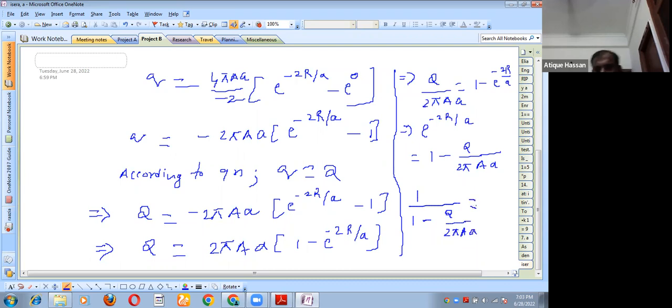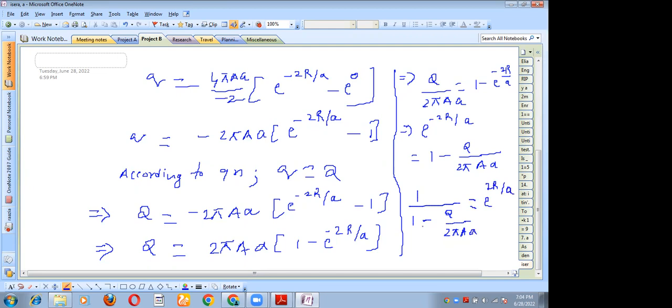If we take inverse, that will be e to the power 2r by a. It will become plus. If the power becomes plus, it will become inverse. So have you understood till now, till this step? Any doubt, please ask. Yes, sir. Okay.